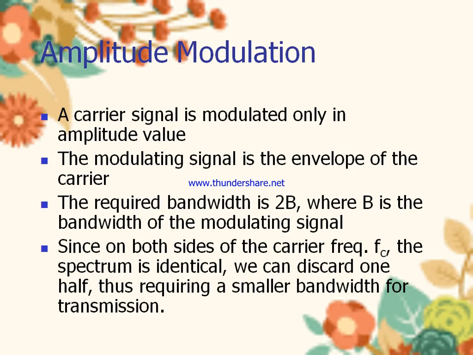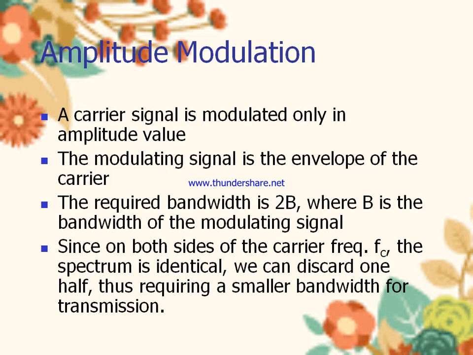Amplitude modulation: a carrier signal is modulated only in amplitude value. The modulating signal is the envelope of the carrier. The required bandwidth is double the bandwidth B of the modulating signal. The actual bandwidth is B, and the reproduced bandwidth is double the original bandwidth, half for transmission and half for receiving.